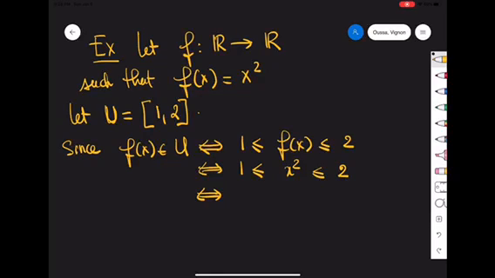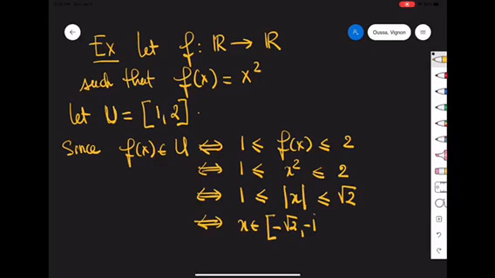Then taking the square roots, we get 1 is less or equal to the absolute value of x, which is less or equal to square root of 2. And this will be the case if and only if x is in between negative square root of 2 to negative 1 union 1 to square root of 2.